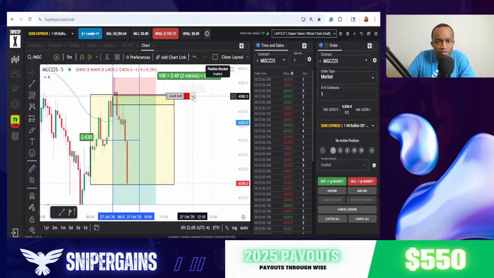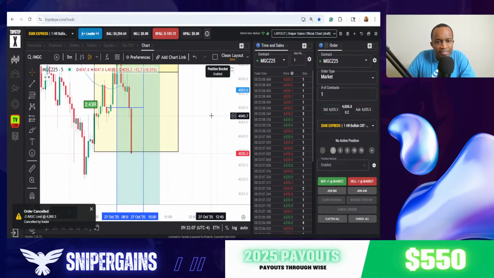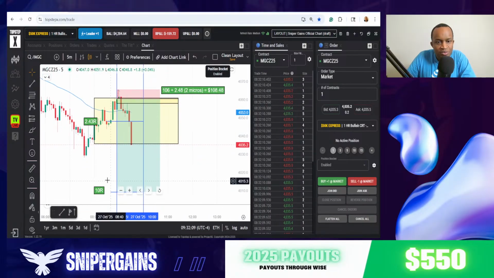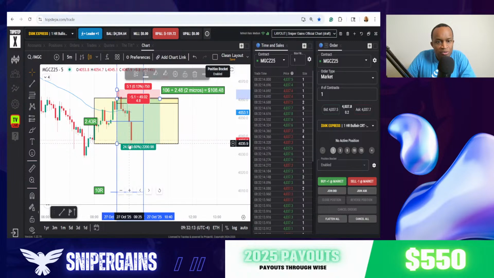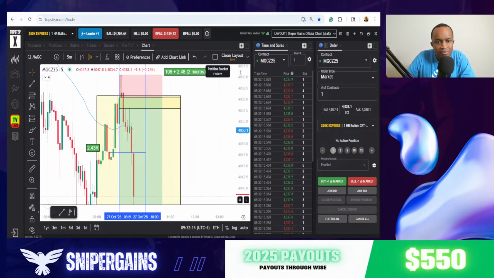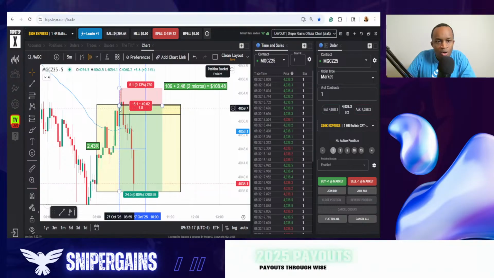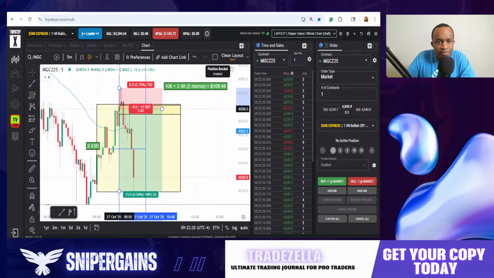And the play's over. Okay, so basically with this one, the bearish momentum was just too strong. It just caused the price to go all the way down. So the play's over.